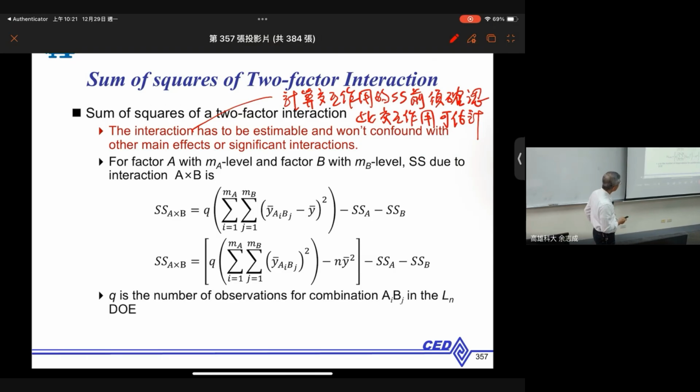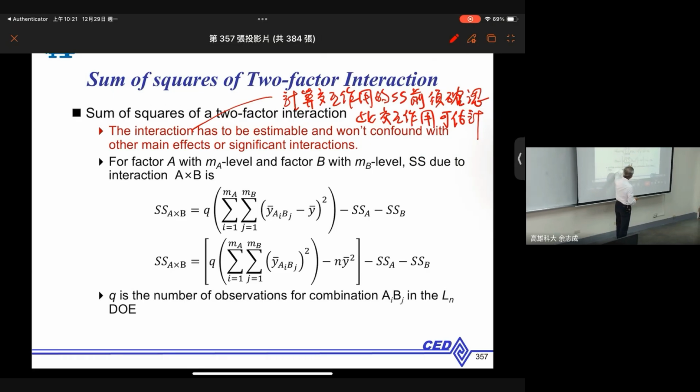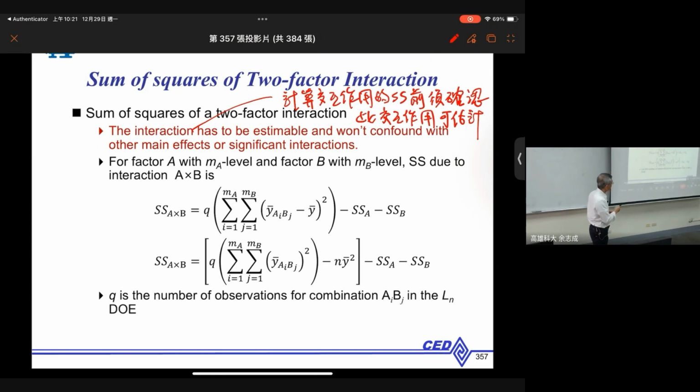Once it is estimable, then the calculation can be done using either this equation or that equation. Okay, these are the same. By using some simple calculation, you can change this one into a simple equation like that. And the concept is just like what I introduced before, which is the interaction effects due to different combinations. This is the different combination of A and B, minus the total average.